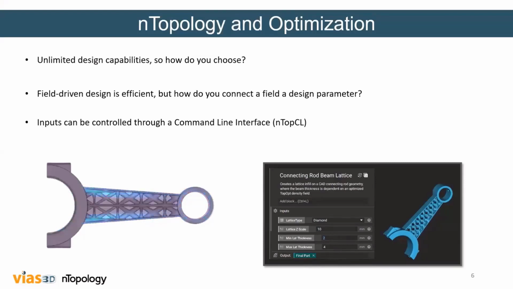And we have this idea of field-driven design, where we're looking for connections between analysis results or experimental results, connecting that to a geometry. So that's all about nTopology for now. We'll get back into the software when we start talking specifically about the process here.